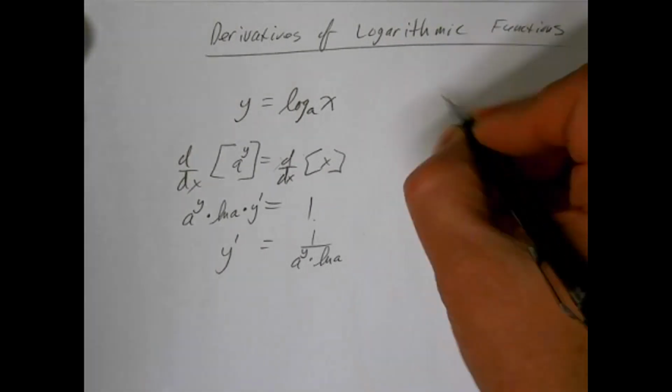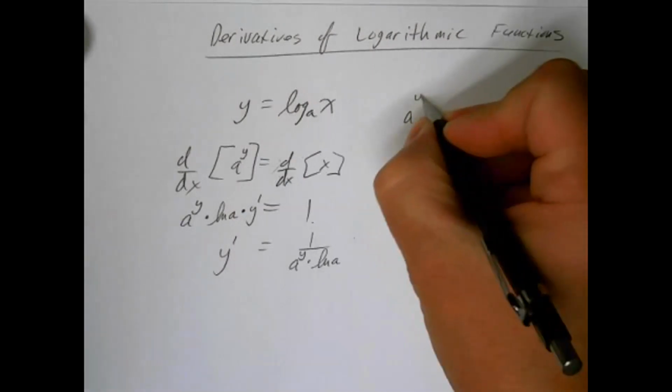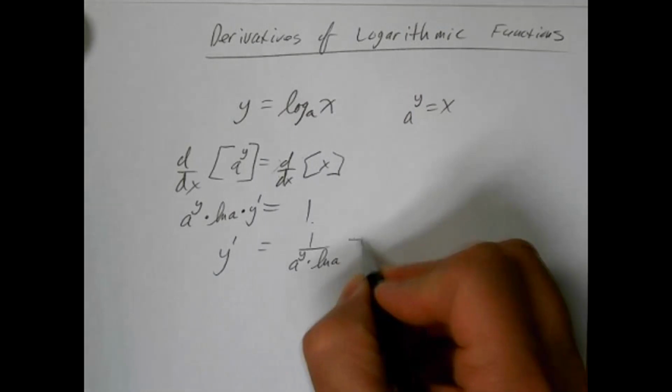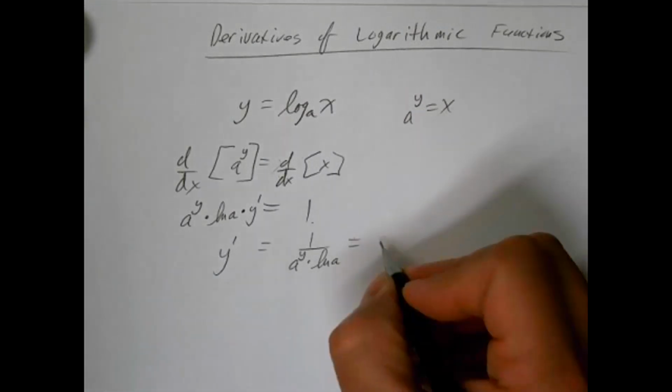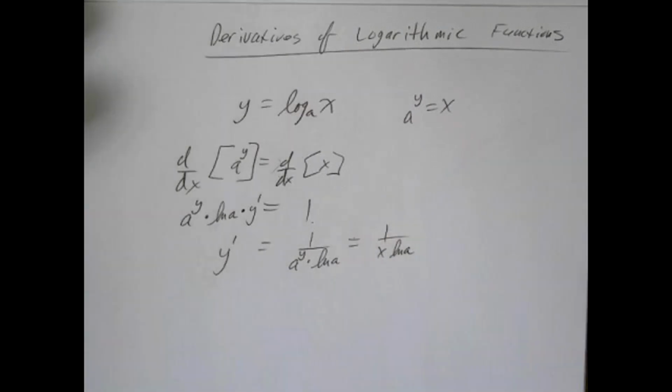Well, in our previous statement that I've sort of written over now, we said a to the y is just x. So to simplify this expression, I can make this 1 over x times the natural log of a. And that is the derivative in general of a general logarithm base a.